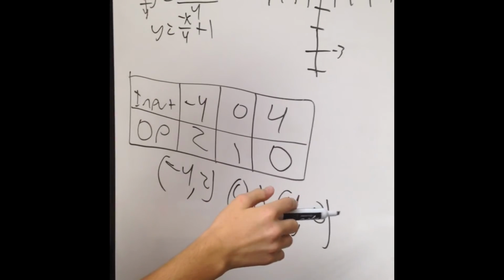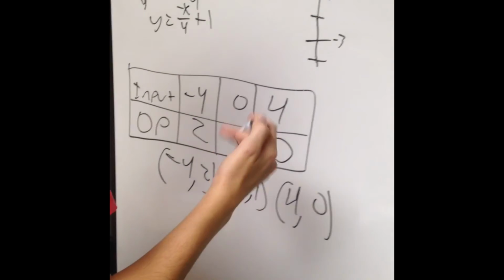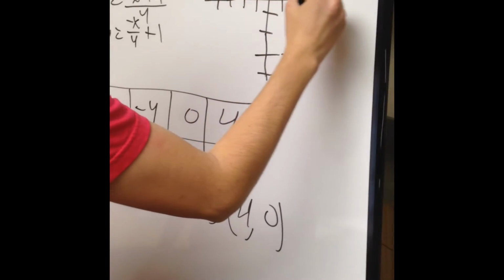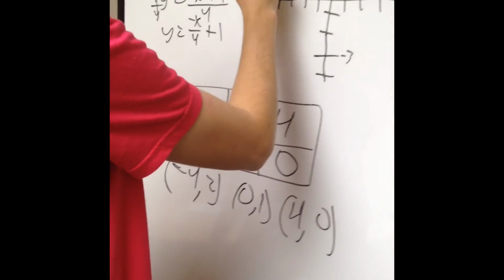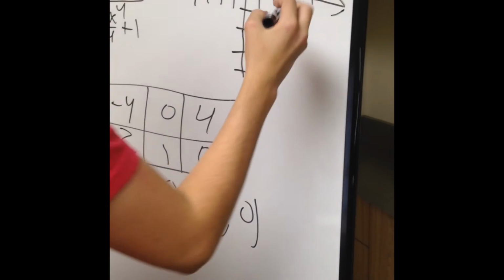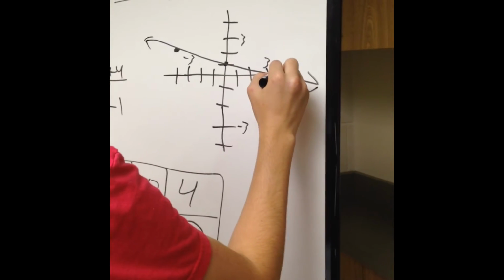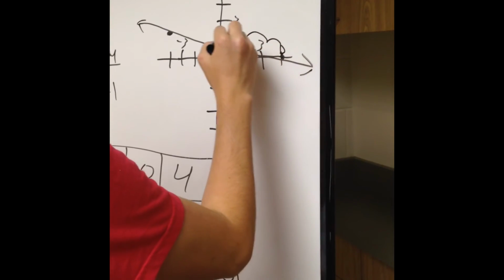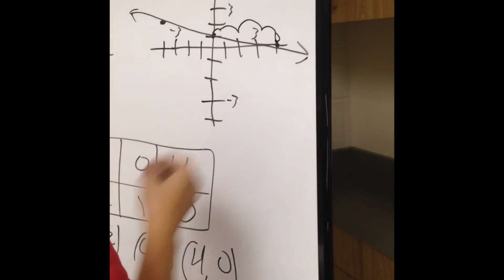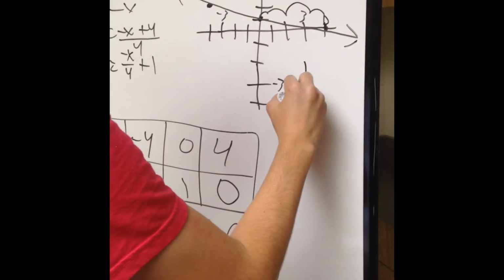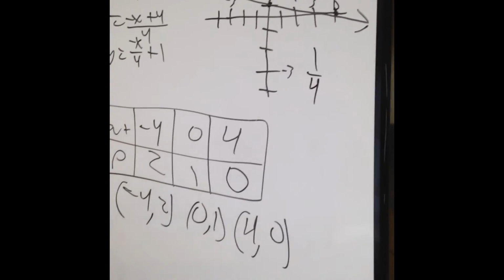And then for the last one, it's over 4, up 0. So as you can see, not a very good line, but your slope ends up being up 1, and then over 1, 2, 3, 4. So your slope is 1 over 4 here. And that's how you graph an equation.